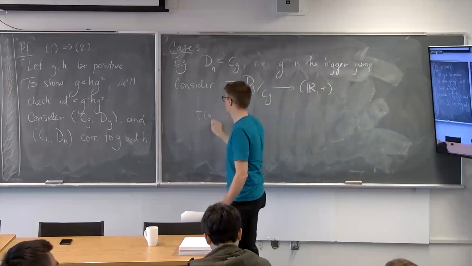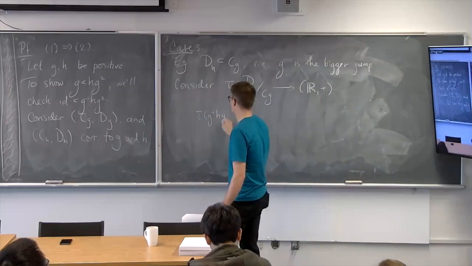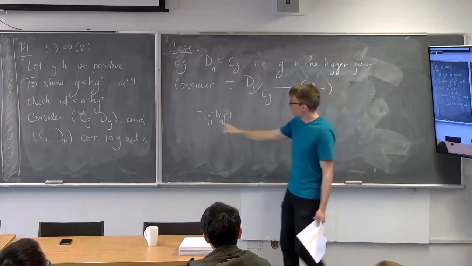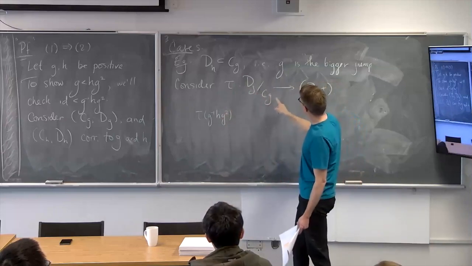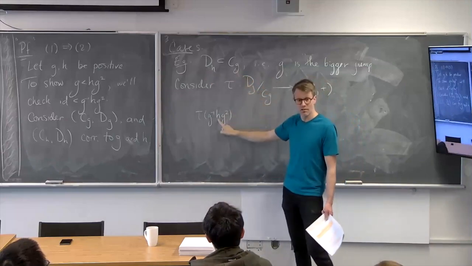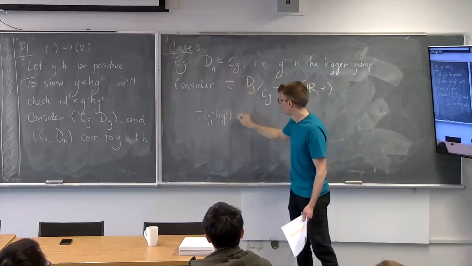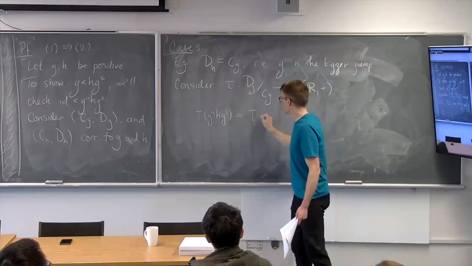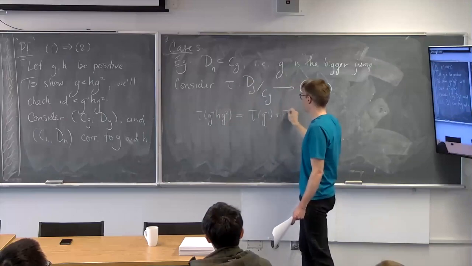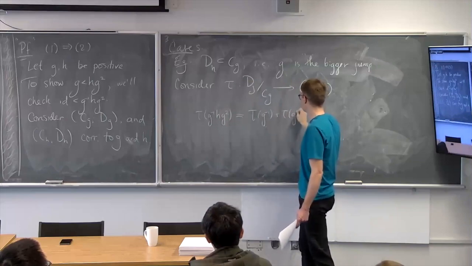this G inverse H G squared. Right. And the point is, because we're assuming that DH is contained in CG, H is killed, right? So that's gone. And what we're left with is tau of G inverse plus tau of G squared.